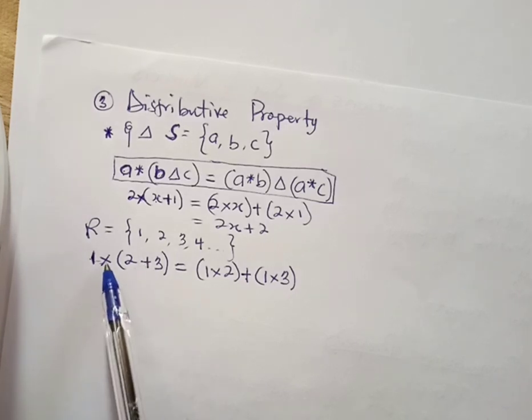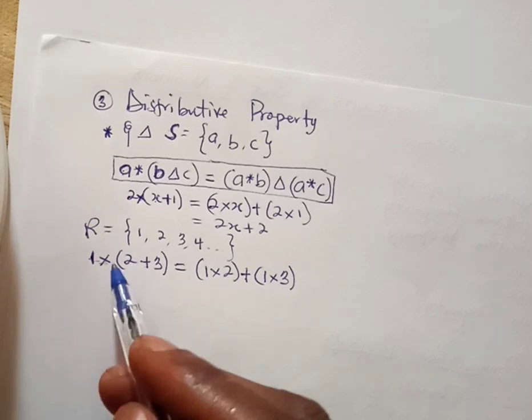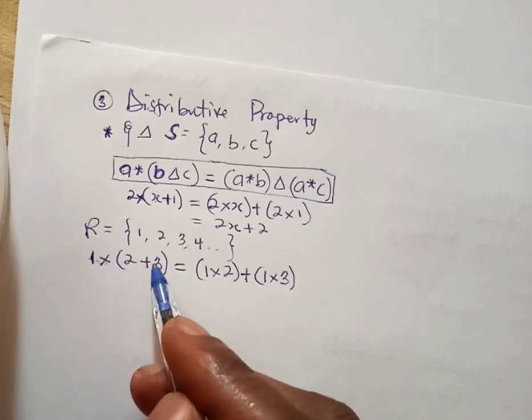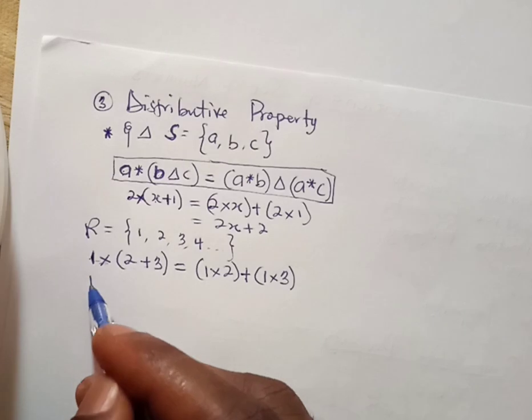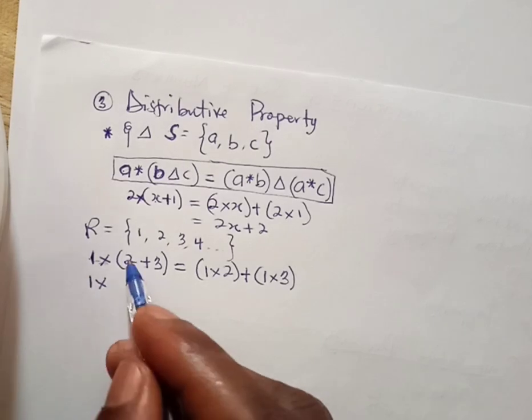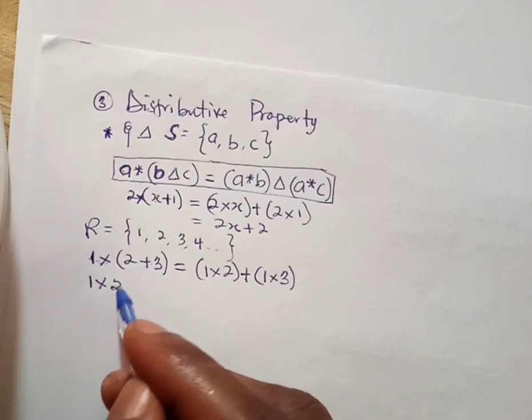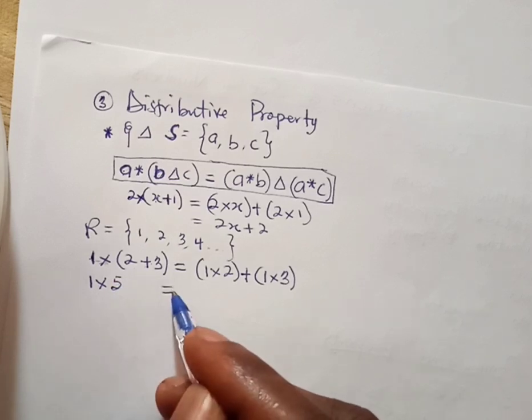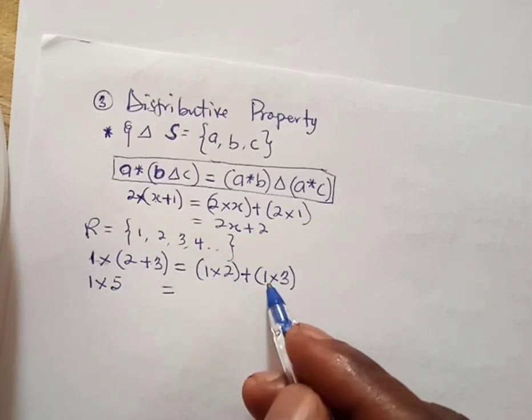The operation that comes first, which operation comes first? This is multiplication. So always we deal with what is in the bracket first. So I'll write my 1 times, so 2 plus 3 gives me 5. And then let me also work out the right hand side.